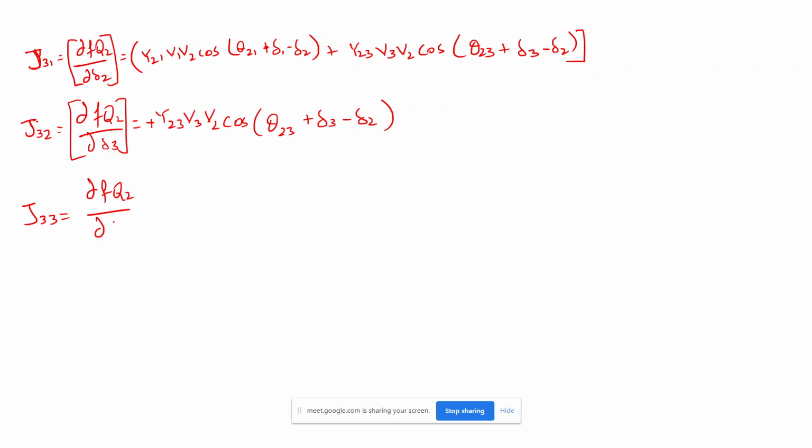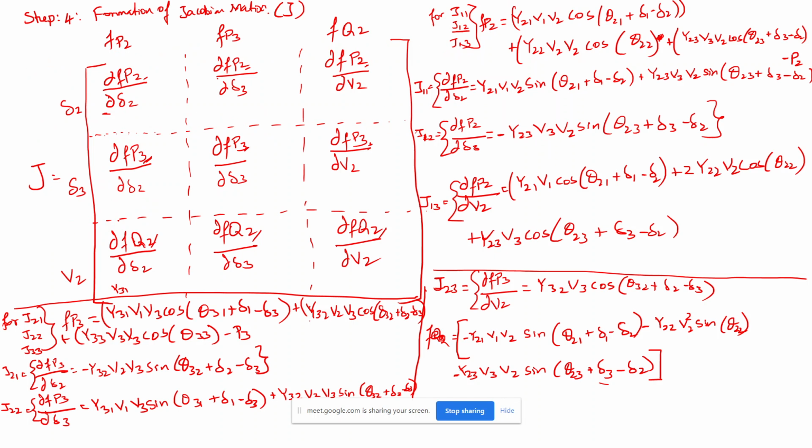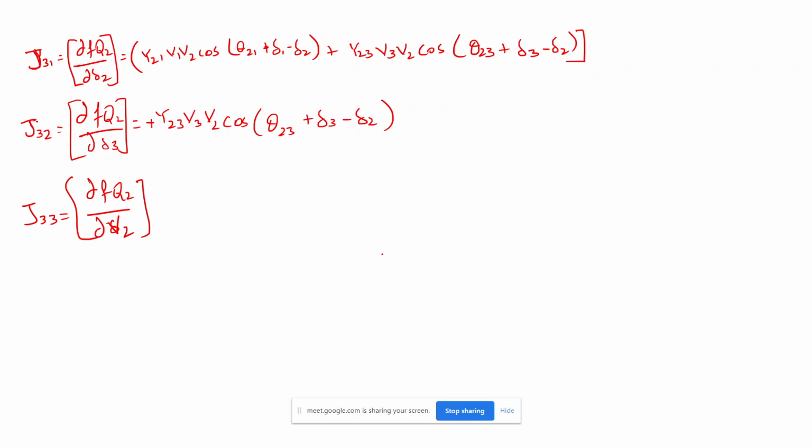If you do for J33, then dou f q2 divided by dou v2, why? Because this is what we are taking, dou f q2 by dou v2, right?